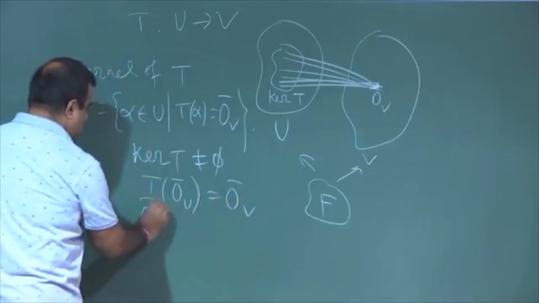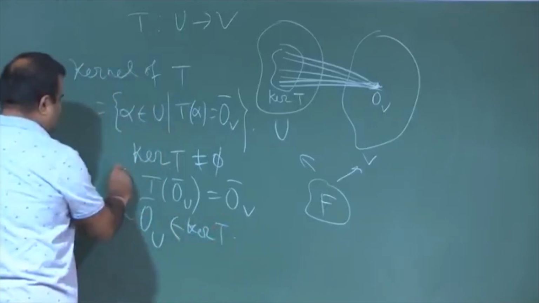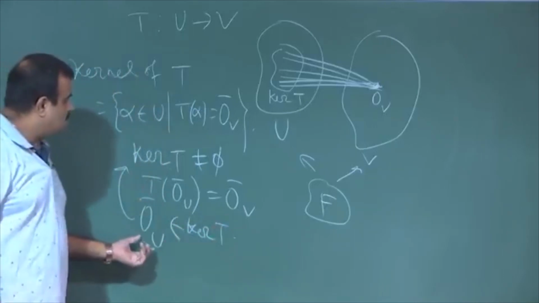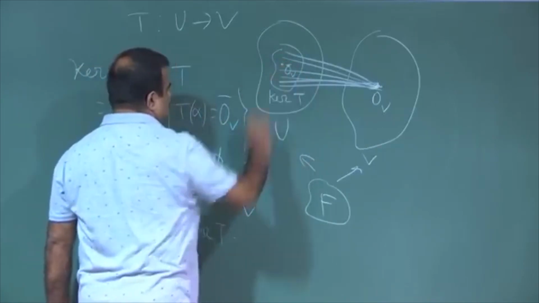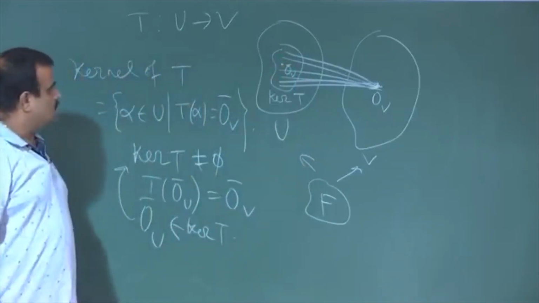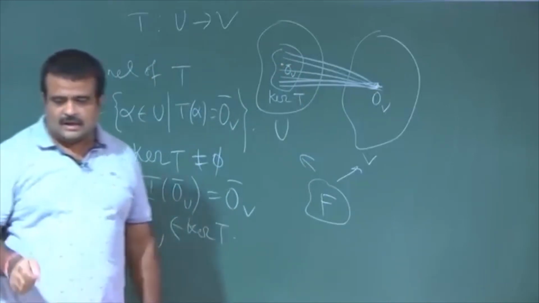So, at least this belongs to the kernel of T. So, this means this is not empty. So, at least this 0 vector of U is a member of it. Okay.